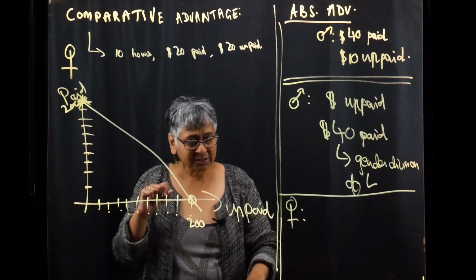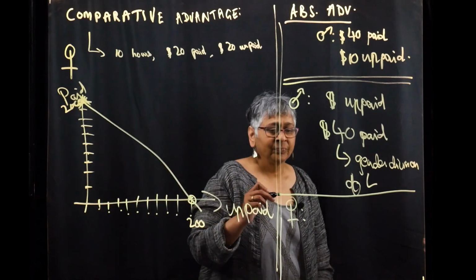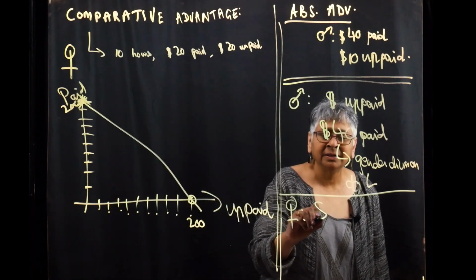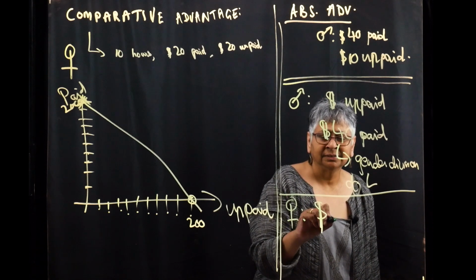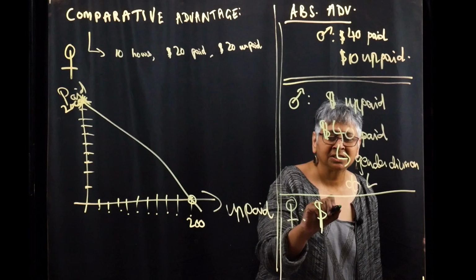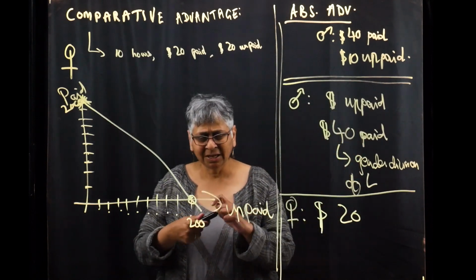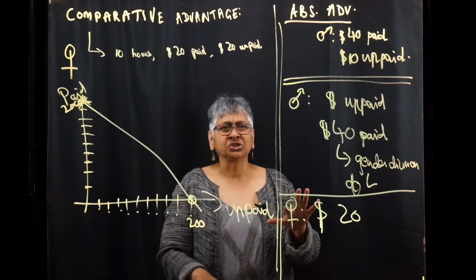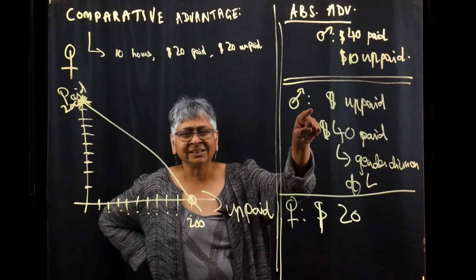Other way around. So in this case, the women and the men are both earning the same amount. We started with $20. Let's just stick with that. We're both just as good. So in the previous one, the men were better than us at earning an income.